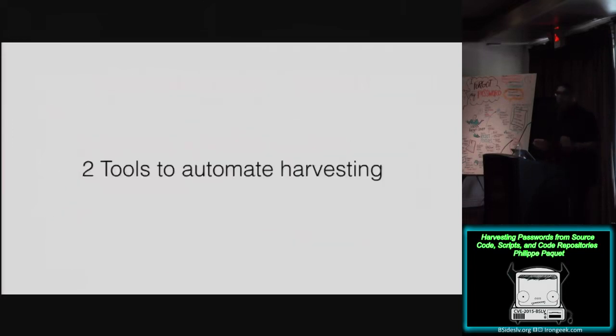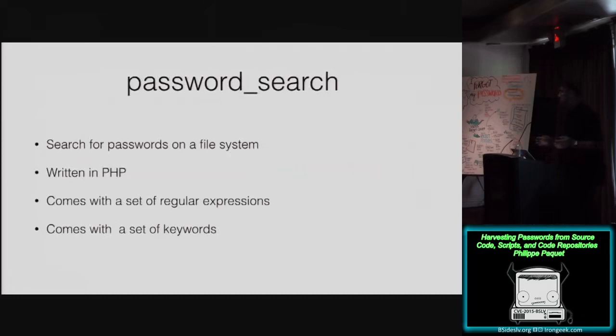So to do that, I'm going to give you two tools to automate harvesting. Those are very simple tools. It doesn't take that much time to develop. The first one is called password search. It's going to go through a file system, and depending on the type of file, it's going to apply a set of regular expressions and use a set of keywords with every regular expression you have there.